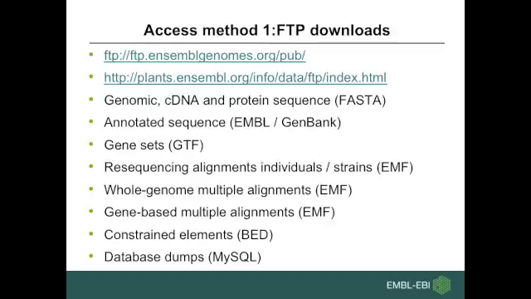So you can download FASTA files of genomic or protein sequence. You can download annotated files in the format you would find submissions to ENA or GenBank in. You can get gene set files. You can get data from our comparative alignment data. And you can also download the entire database that we run our site off.